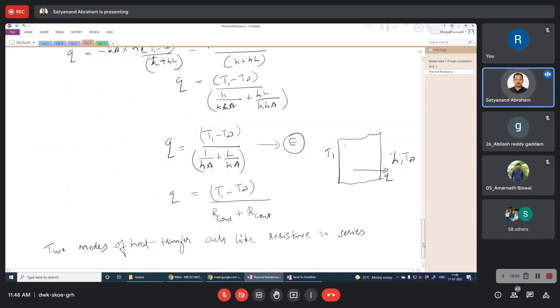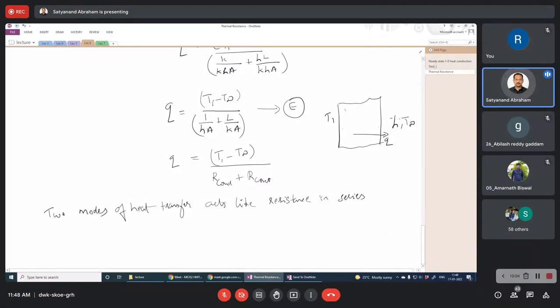So that's the main catch of this. From the basic derivation itself, we have seen that if we have resistances in series, we simply add them up. If we have various boundary conditions or various modes of heat transfer in series, we can write it as series resistance.